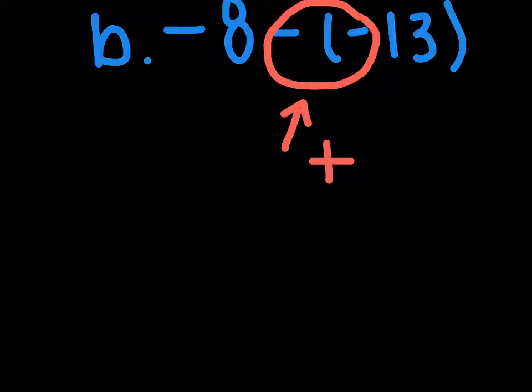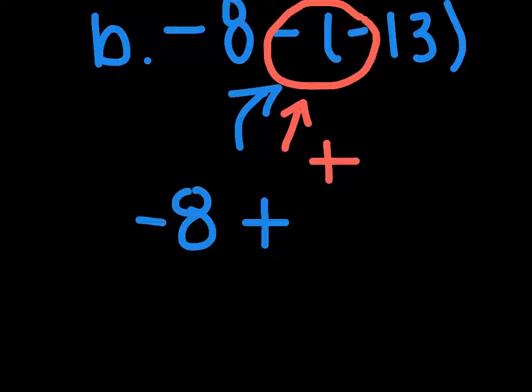So now instead of negative 8 minus negative 13, it's going to be negative 8 plus, because you're using a plus from here, 13. So it's not negative anymore, it's plus.